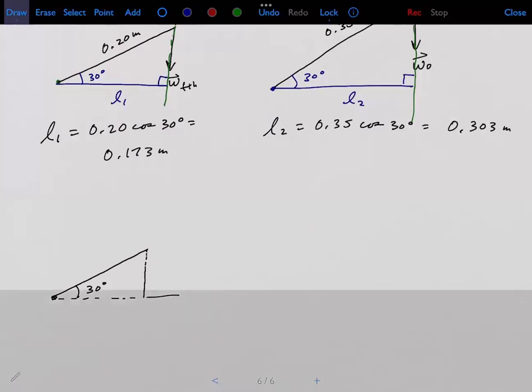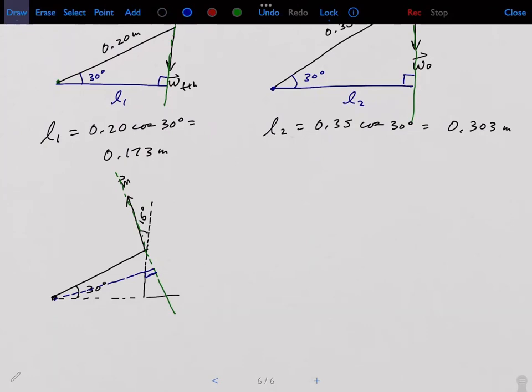So if I extend this up, the muscle is acting like this. This is 15 degrees. If this is the line of action of the force, I want the perpendicular distance, which is going to be something like this, wherever that is perpendicular.